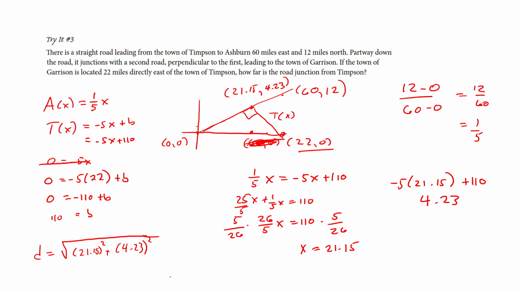Okay, I'm not really excited about crunching this, but I'll do it anyway. Okay, crunched all this down. I get 21.56. Okay, so the length of this road is 21.56 miles. Yeah, miles.